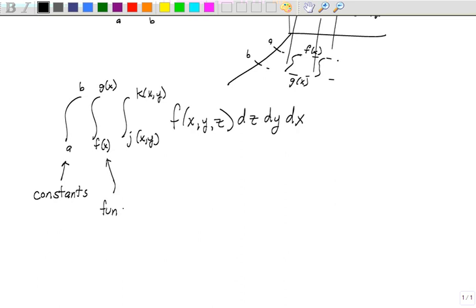The second integration is always a function of one variable, and the inside integration is a function of, at most, 2 variables. It could be 1 variable, but it could also be 2 variables.